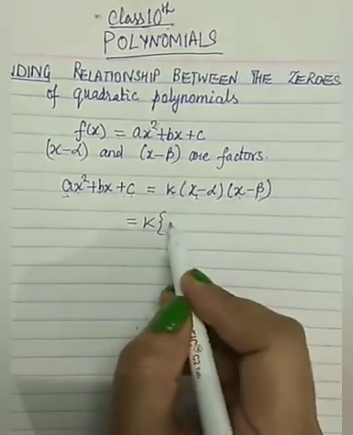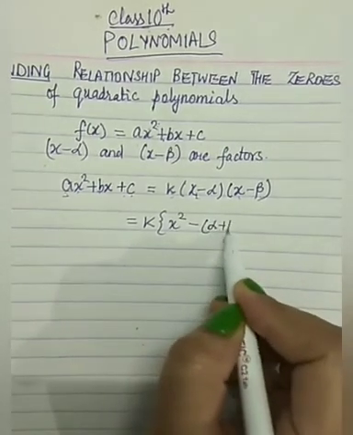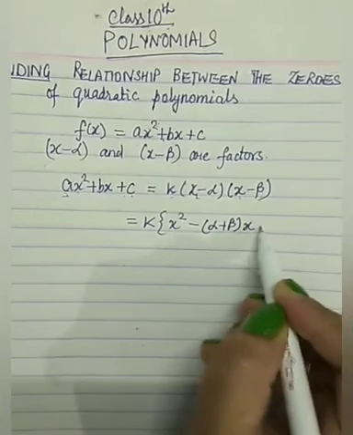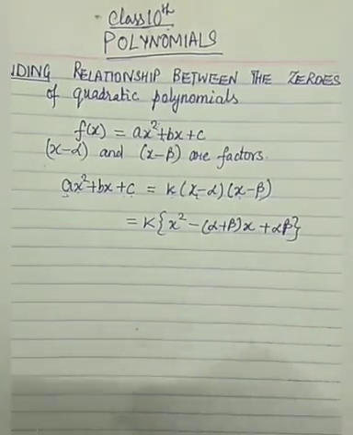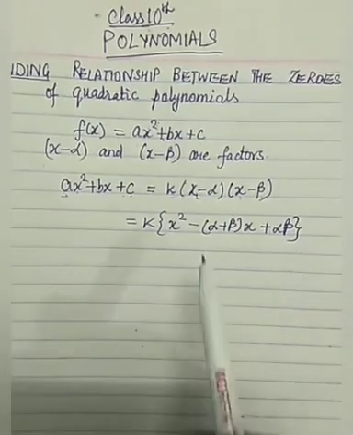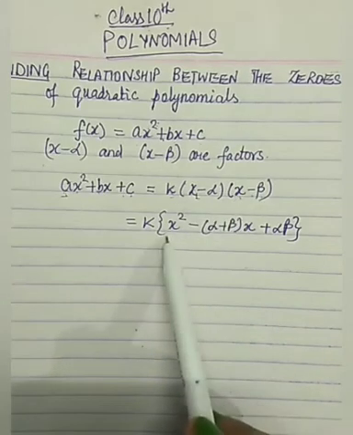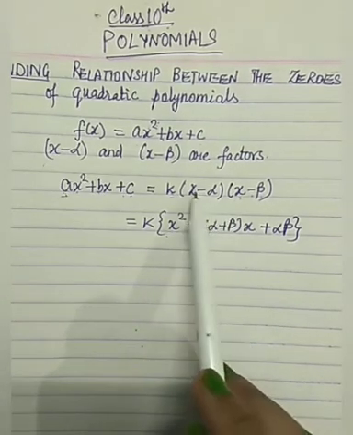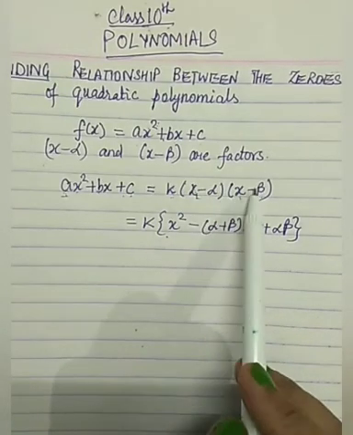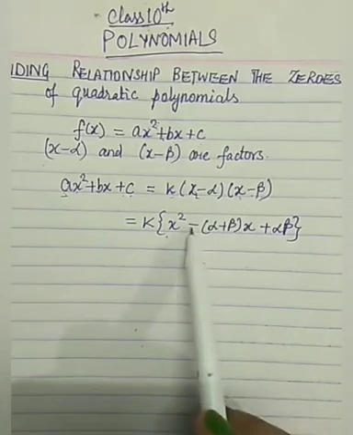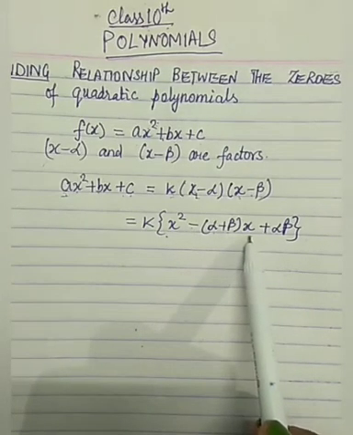If I expand this, what would I get? k times x square minus alpha plus beta x plus alpha beta. Once you multiply using the distribution method, x into x gives you x square, then x alpha one time and x beta another time. The minus sign is there, so take the minus sign common, alpha plus beta in one bracket, then x.